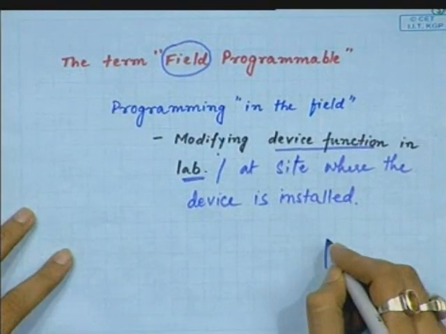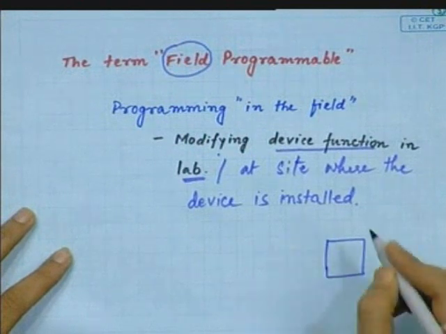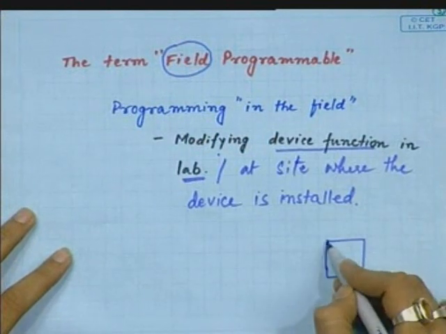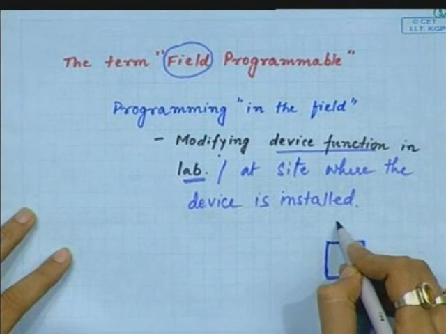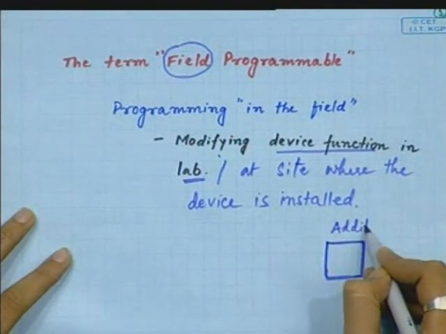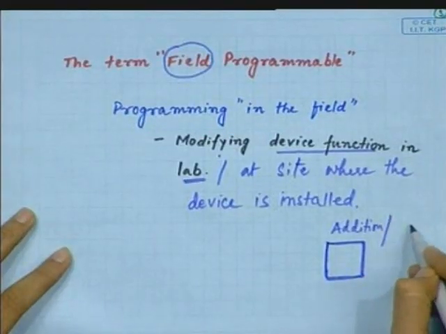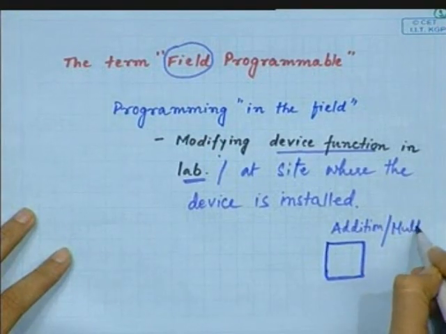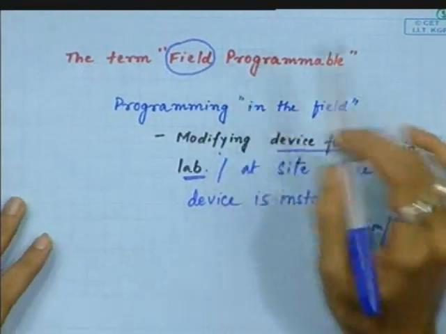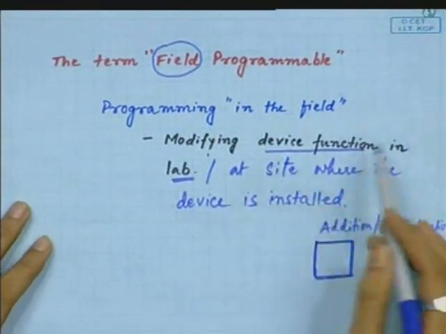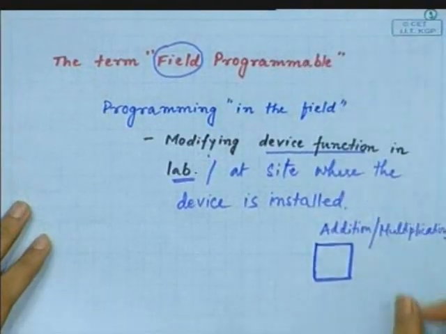Means you have this FPGA, sometimes you can use it at the site to perform, say, addition, and at other times you can use it for multiplication and so on. So, why is it called field programmable? Because we can modify the function in the lab itself.